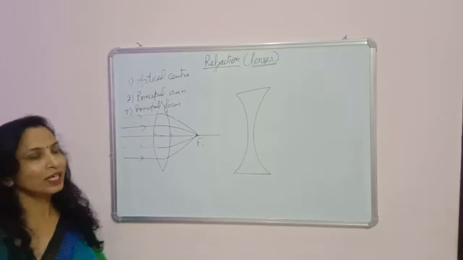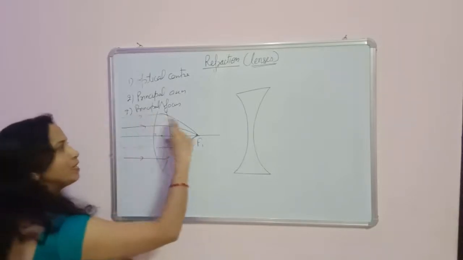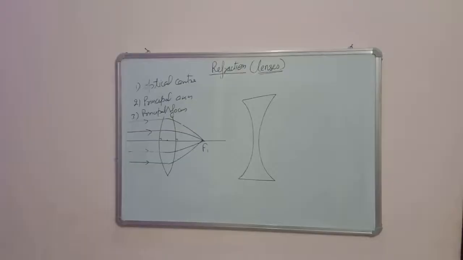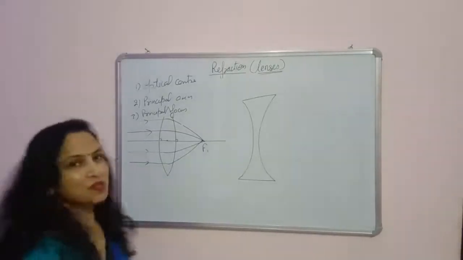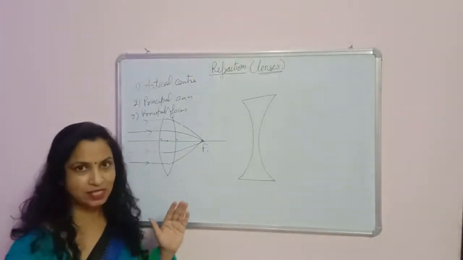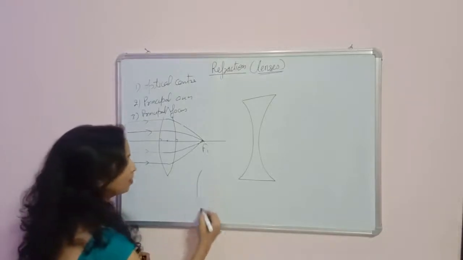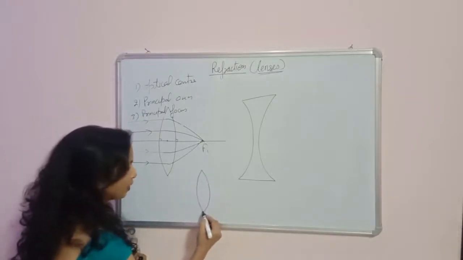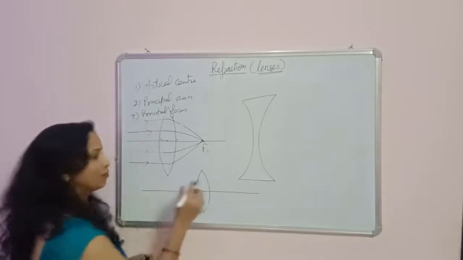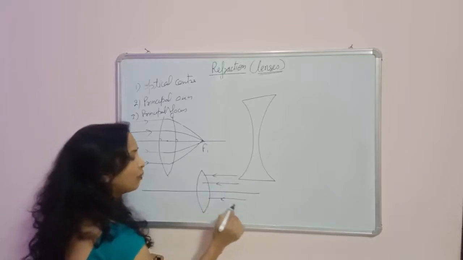Now you can think, if all the light rays which are coming parallel to the principal axis from this side meet at a point on the principal axis towards this side, so what will happen if the light is coming from this side, means from the right hand side? Like this is a lens, the same lens is here, and this is the principal axis, and now this time the light is coming from the right hand side. So what will happen?